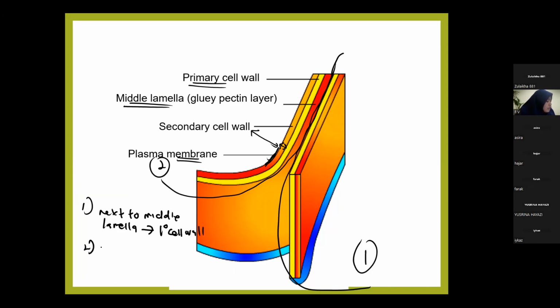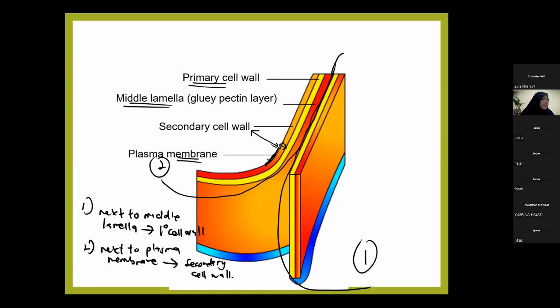Key number 2, next to plasma membrane is secondary cell wall. Okay? Okay, so that is a keyword for you, right?